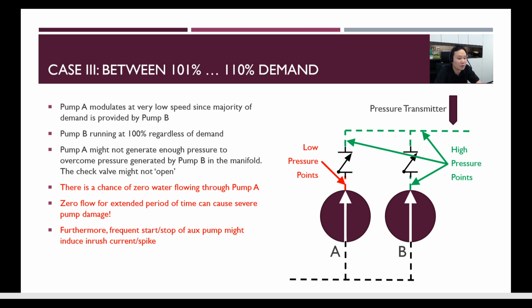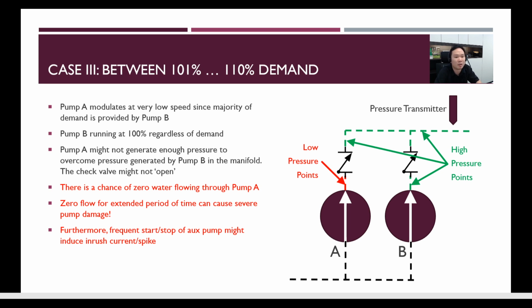When you have zero flow for an extended period of time, you can cause severe pump damage. The water starts to boil, the impeller starts to crack, things like that. Furthermore, if you have frequent start-stop of the auxiliary pump, you might induce an inrush current or a spike.